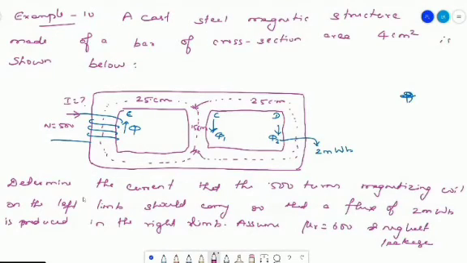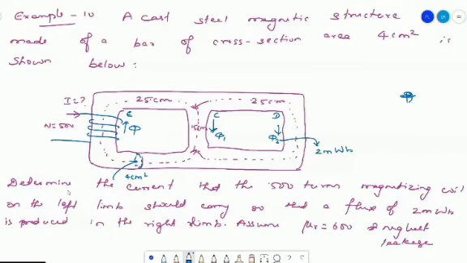So let us try to understand the given data. So this is the cast iron magnetic structure. It is made of a bar of cross section area 4 centimeters square, which means this cross section area is given in the question to be 4 centimeter square. And this cross section area is going to be uniform wherever you go, because this entire circuit has been made with the help of this bar.